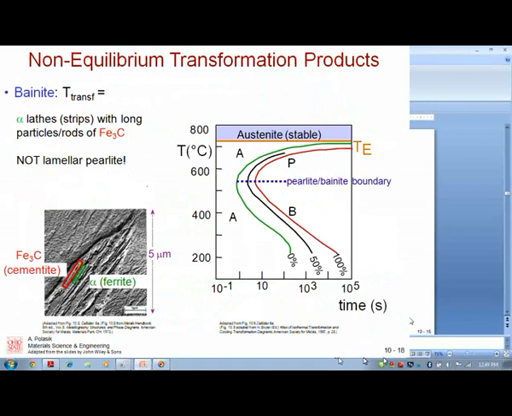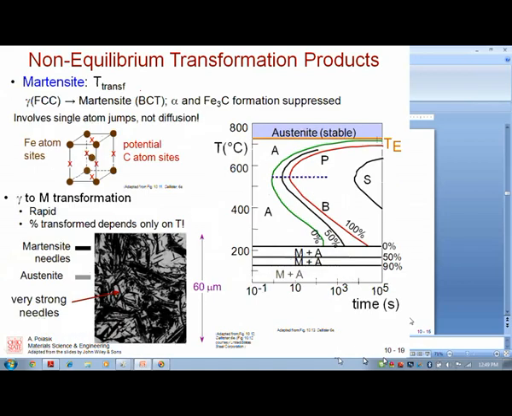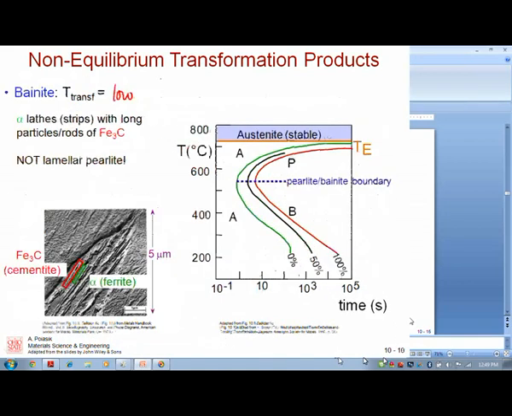So what have we done by having a large undercooling where the transformation temperature is low, say about 300 to 500 degrees C? A few hundred degrees below the transformation temperature.